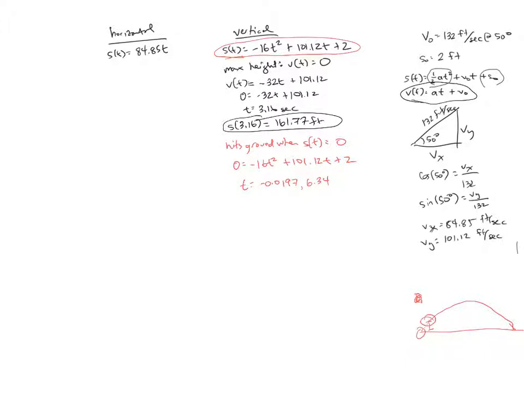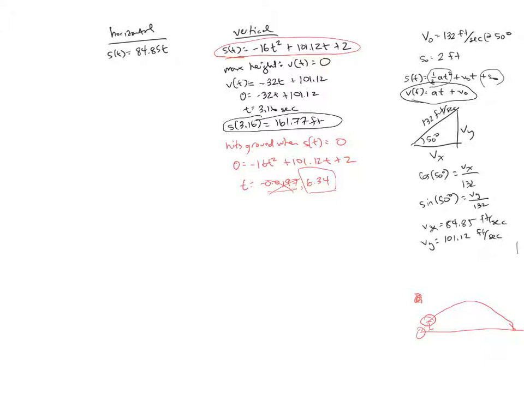So unless the thing starts from the ground, you're always going to get a negative number here, and you can always ignore it because it doesn't actually happen in the problem. The number we care about is this. This is how long it takes to hit the ground from the time it started its projectile motion. So this is how long it's in the air.